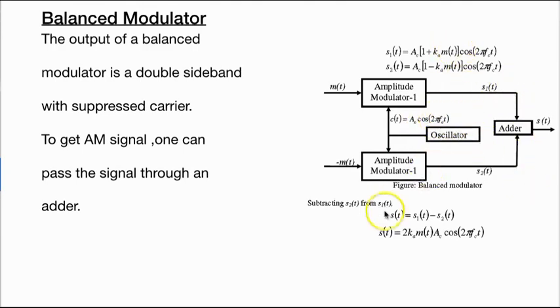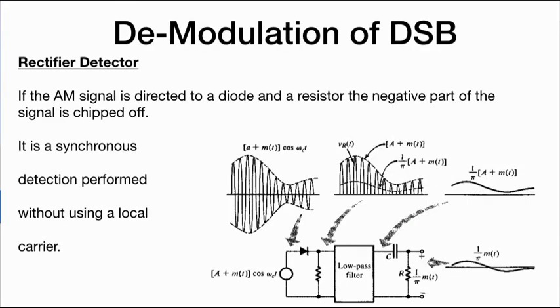When these two are added with a minus sign, we get a final suppressed carrier DSB signal.